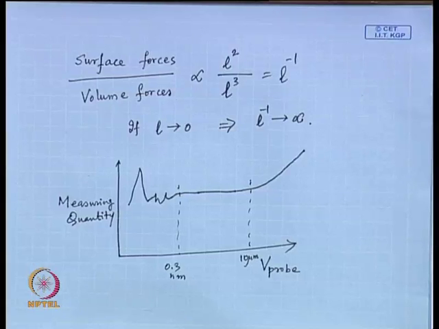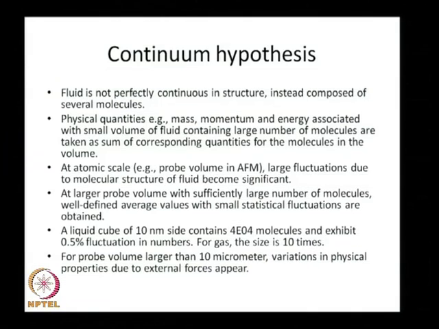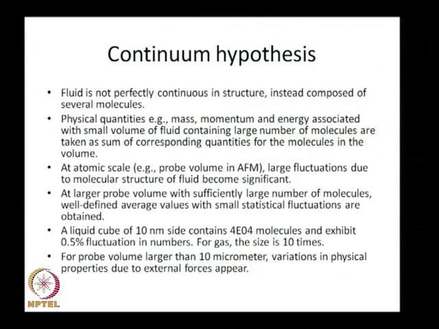If you are looking at atomic force microscopy and the volume of that probe, you will find that there would be large fluctuations due to the molecular structure of fluid. You take a cube, say, and you can choose the size of the cube. If the side of the cube is L, basically volume is length to the power 3.